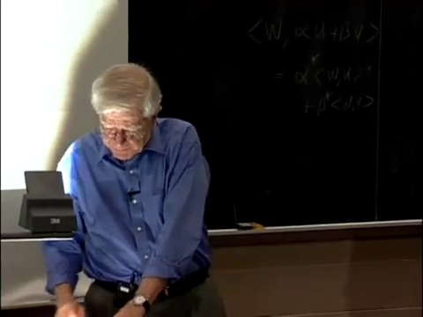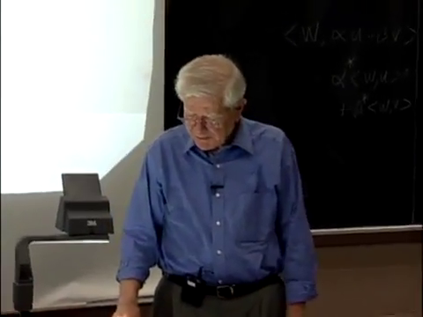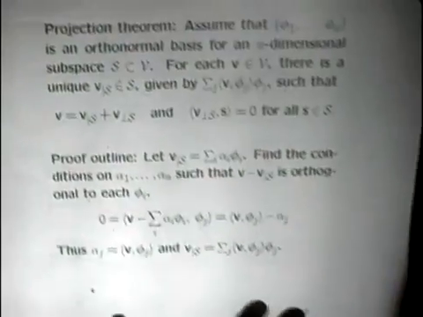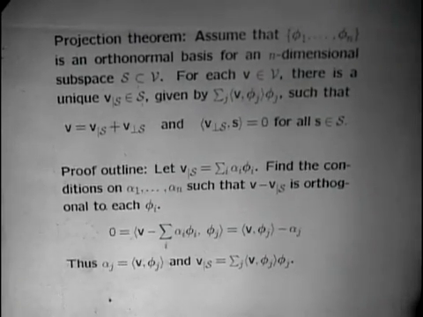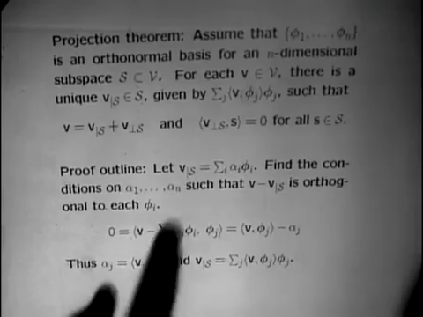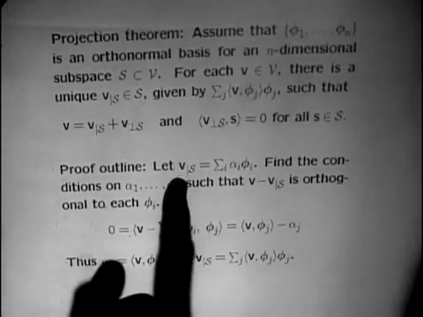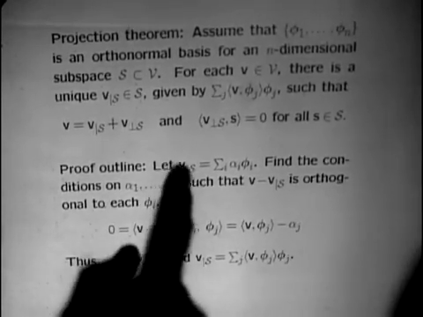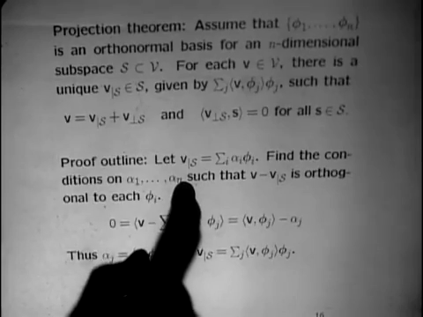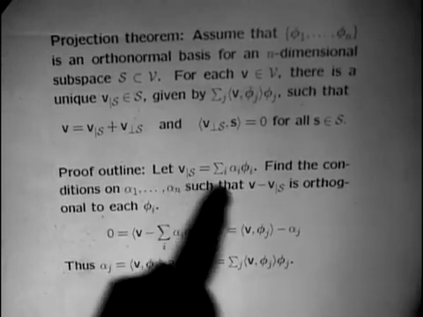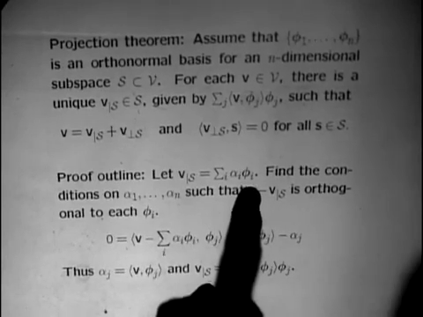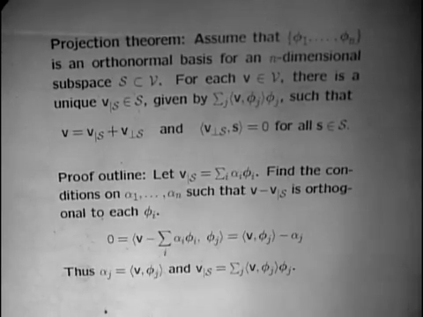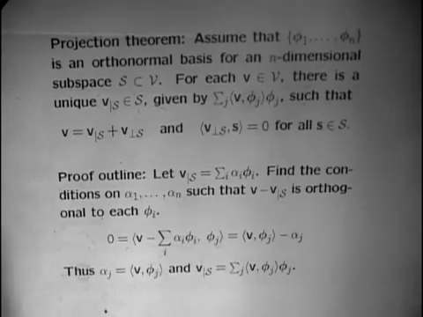Okay, let me outline the proof of this. Actually, it's pretty much a complete proof, but with a couple of small details left out. I'm going to start out the same way I did before. Namely, I don't know how to choose this vector, but I know I want to choose it to be in the subspace. And any element in this subspace is a linear combination of these phi sub i's.